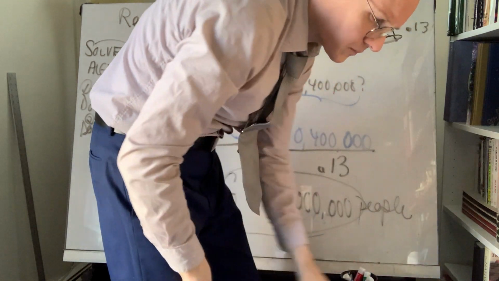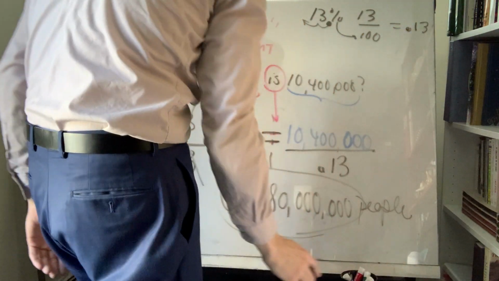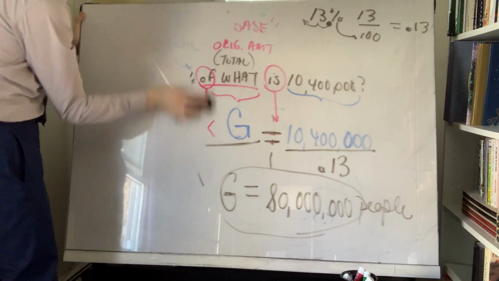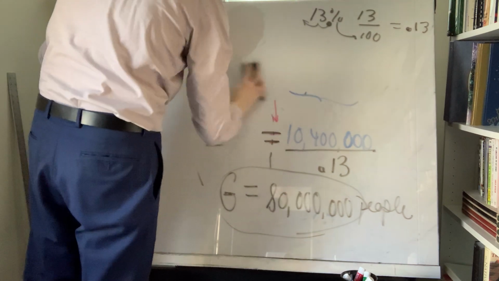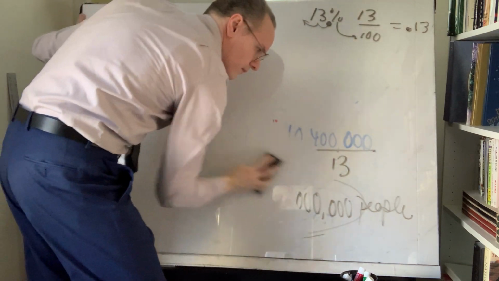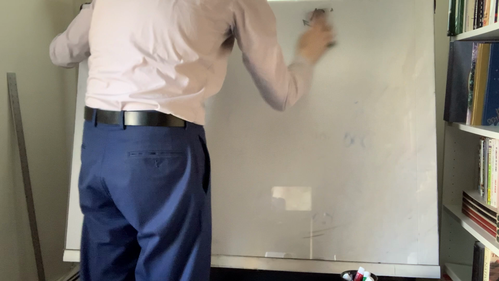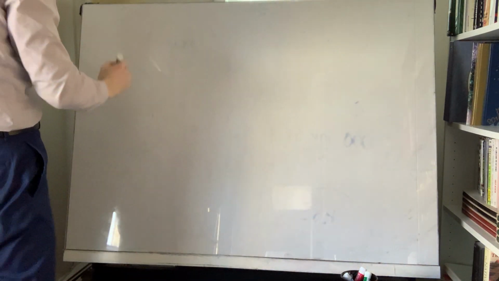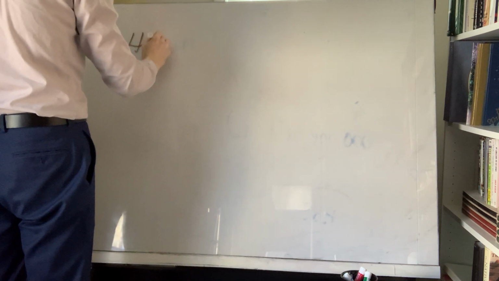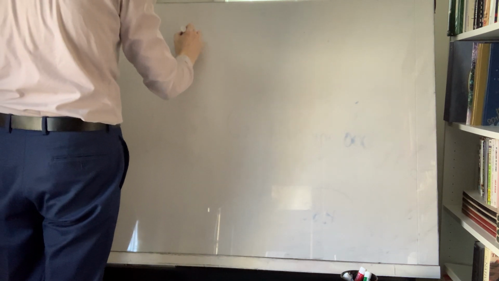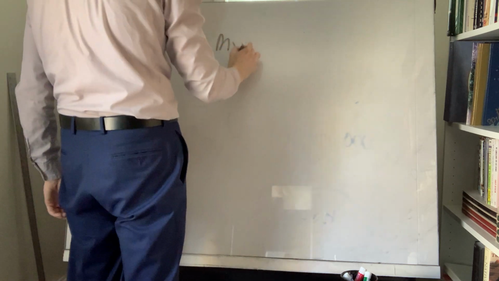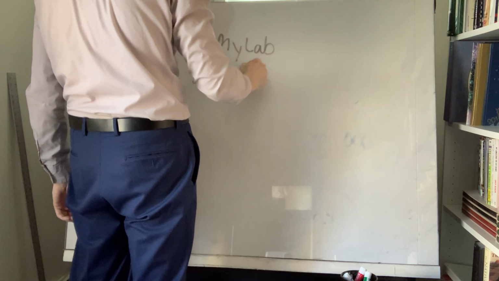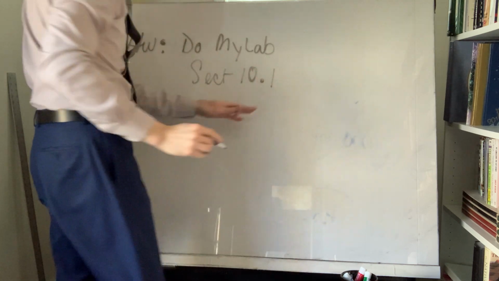Basically. Let me just remind you of a couple of things, and then I'll stop. For homework, especially if you're a little behind, make sure you're doing your MyLab. If you're current, you would be on section 10.1, which was just discussed today.